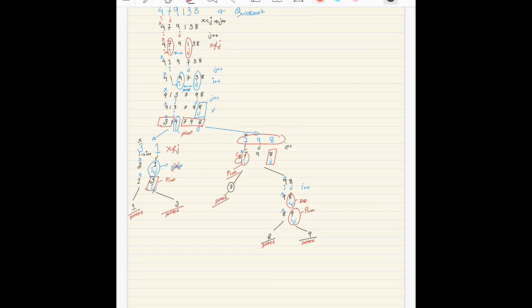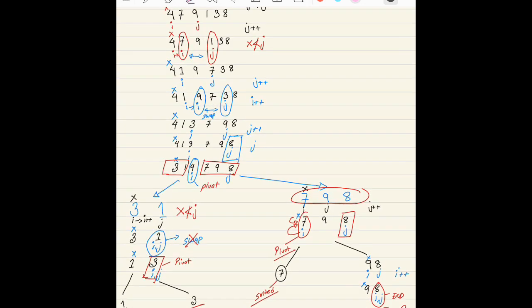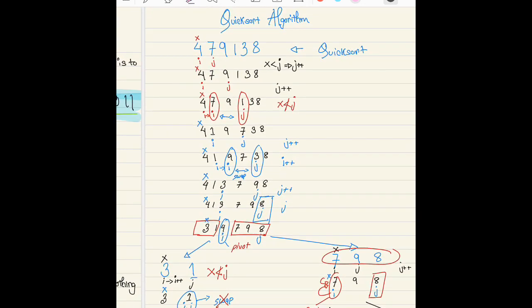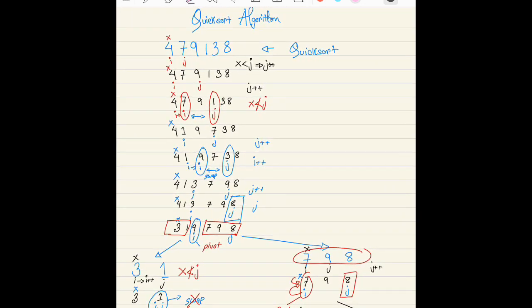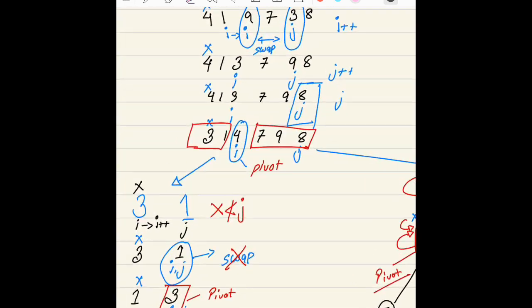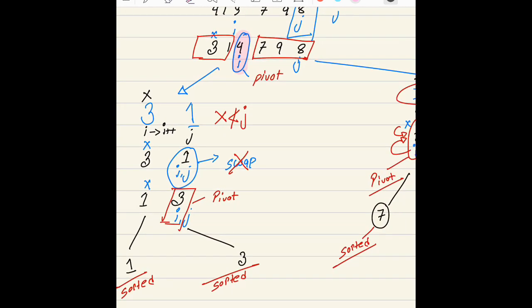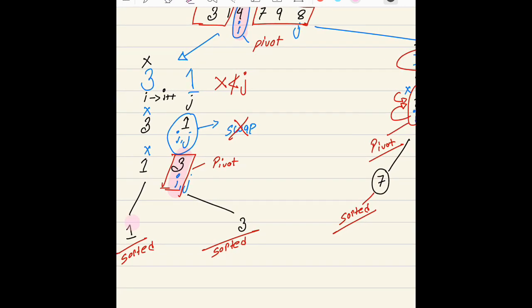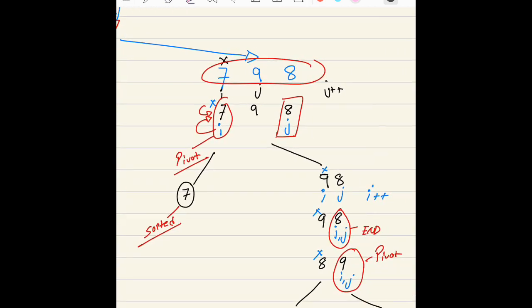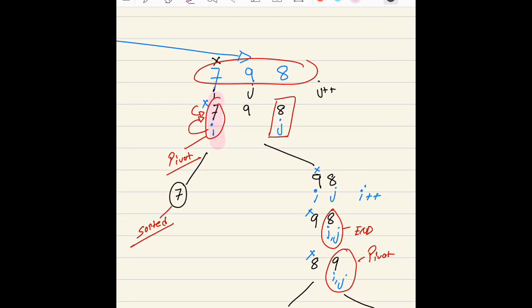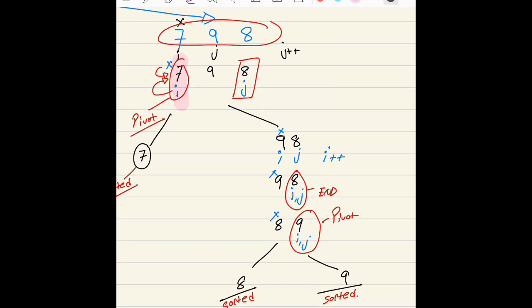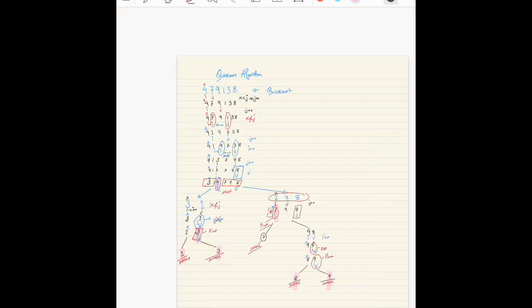Let's now try to put all the things together. So initially we did all of this and we found the pivot 4, right? And then we found the pivot 3, 1. Similarly, we found 7, we found 9, right?